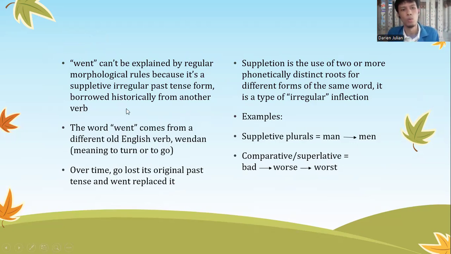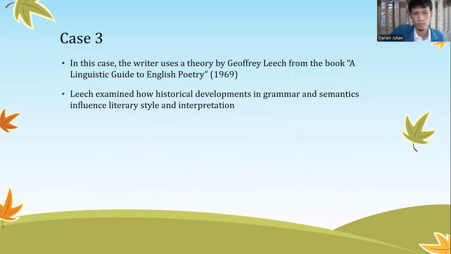So the word went cannot be explained by regular morphological rules because it's a suppletive irregular past tense form.